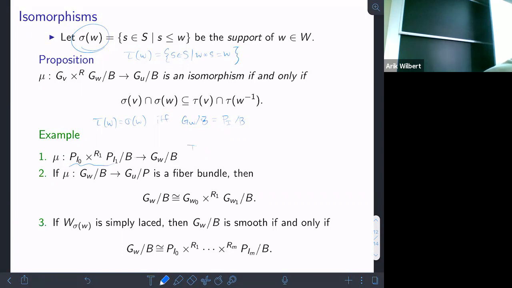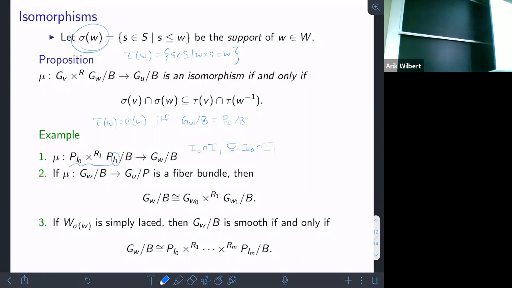The support is I naught, and the support of this one is I1, and the right-hand side is the same thing. It's very surprising the first time I saw this. In other words, this is always an isomorphism. Okay, this is always an isomorphism, and then furthermore, you can do a little bit better.